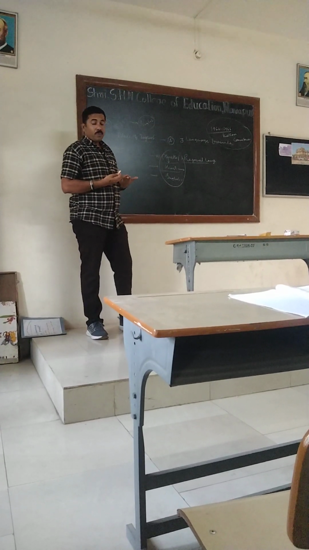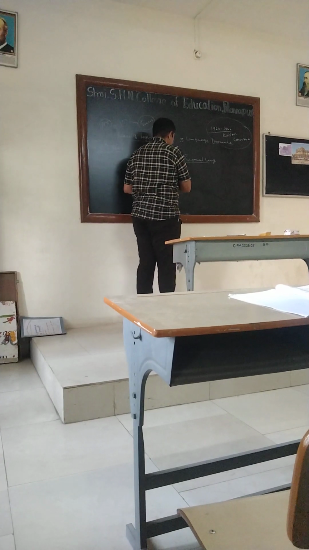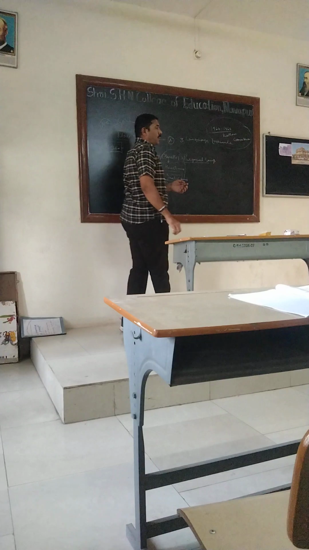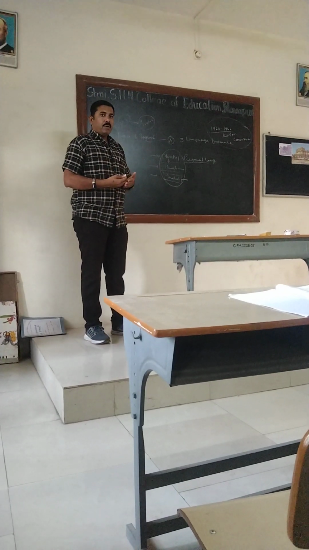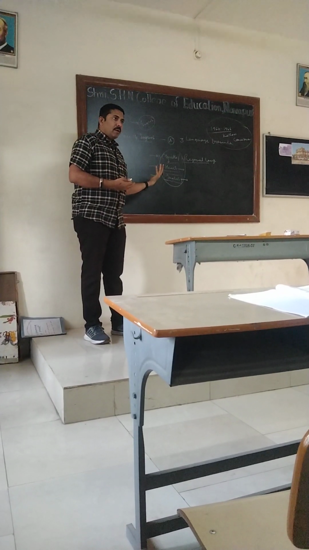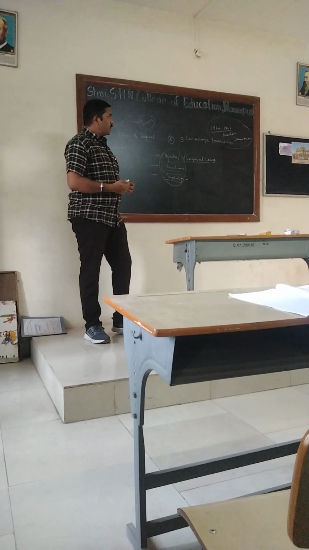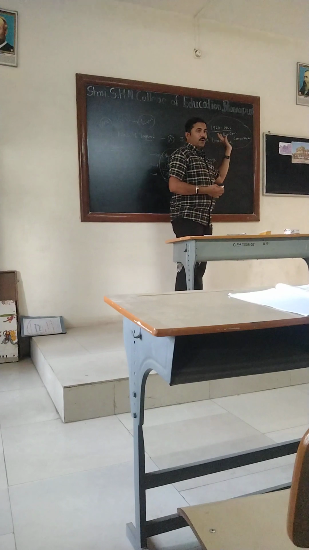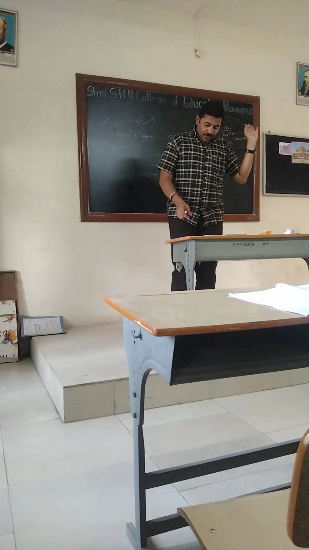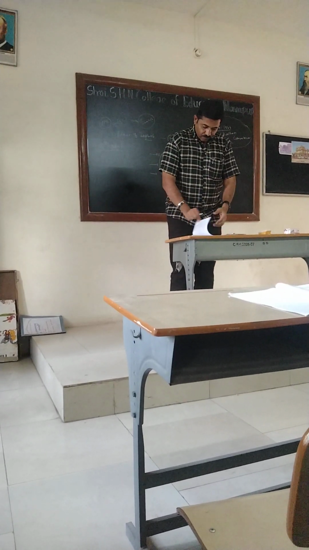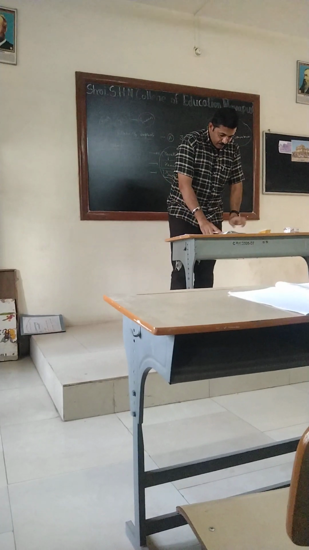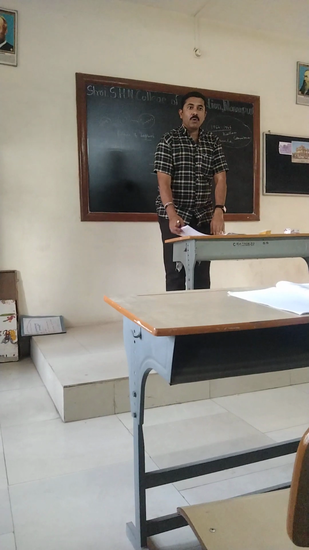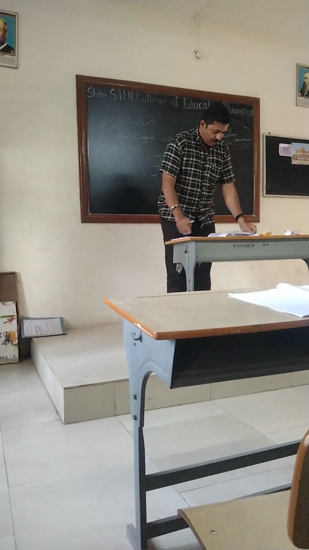Then we must have knowledge of English so we can fulfill communication with the help of the English language. So this three language formula is framed by the Kothari Commission. Now, the second one is in Maharashtra state. What is the role of the English language in Maharashtra state? Just see.